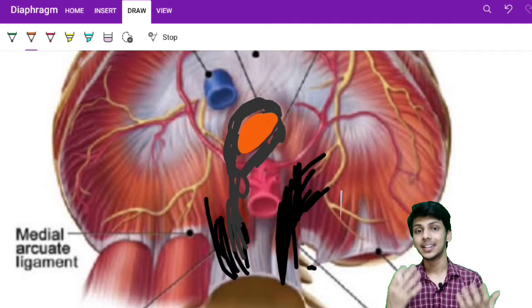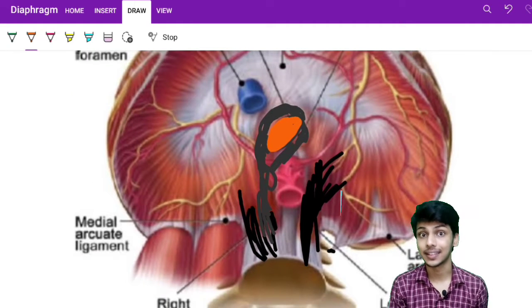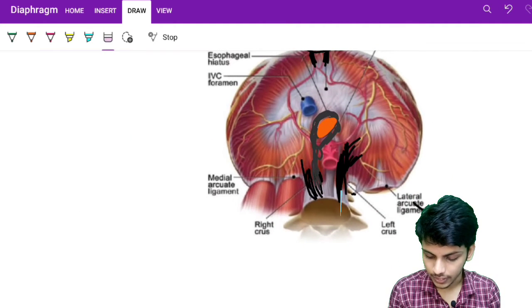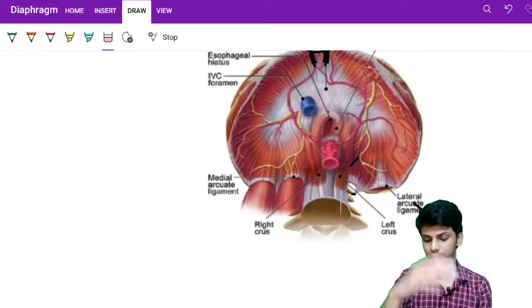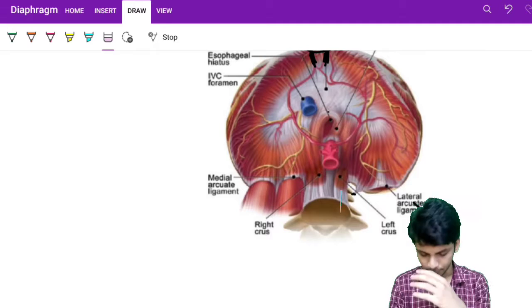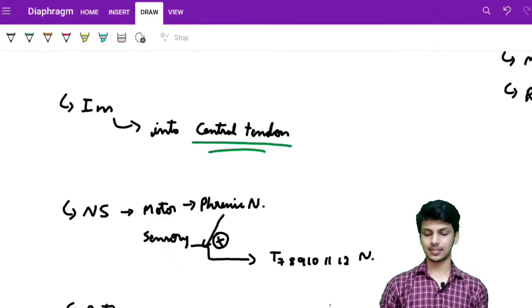Isn't that interesting? It has many other important features. We'll be studying that in the next video. So that was the right crus. The same thing happens in the left crus, and it digitates with the other fibers.